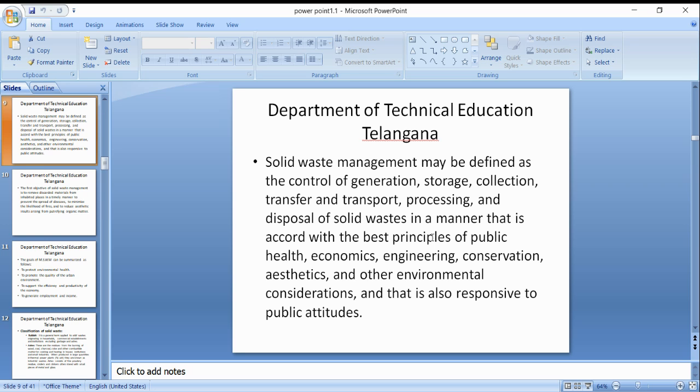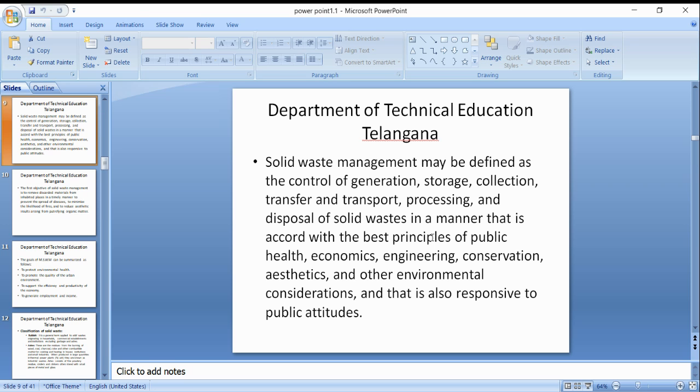After getting the waste, it should be stored, and that storage should be collected, transported, processed and treated, and after that disposal should be done. In such a manner it is called solid waste management.